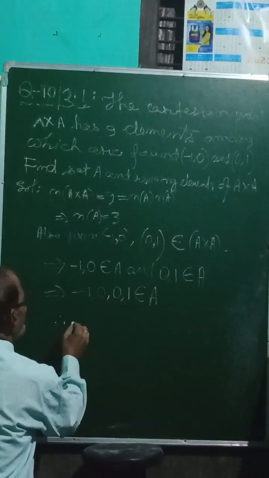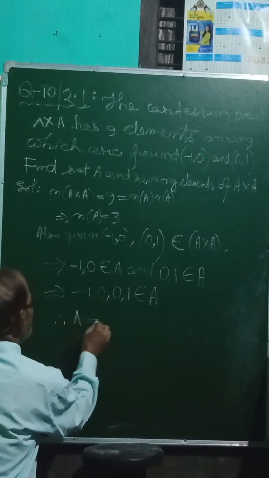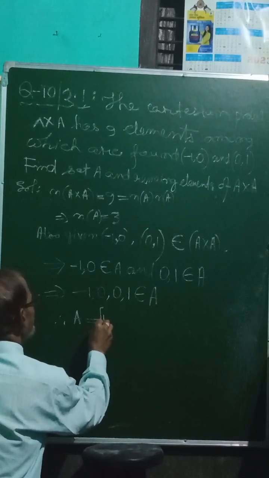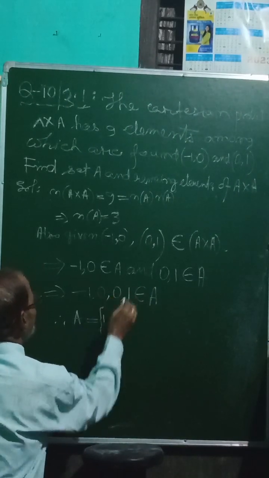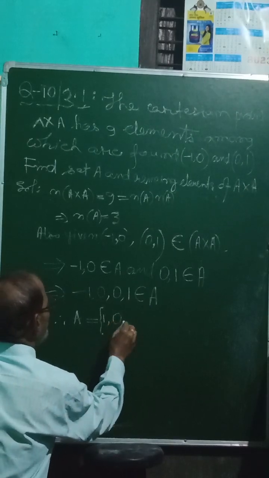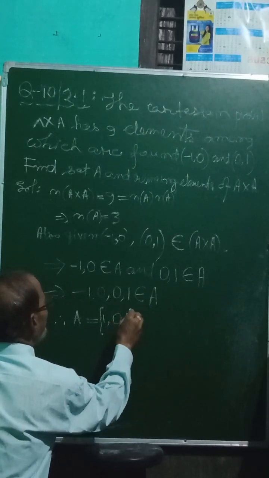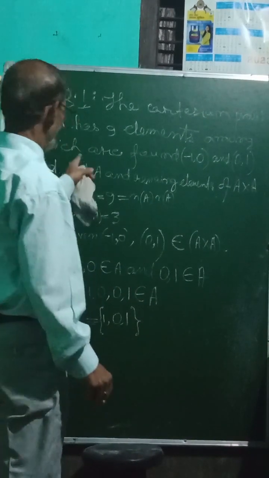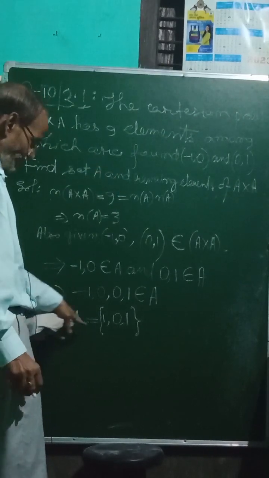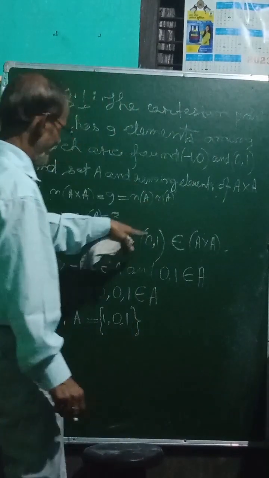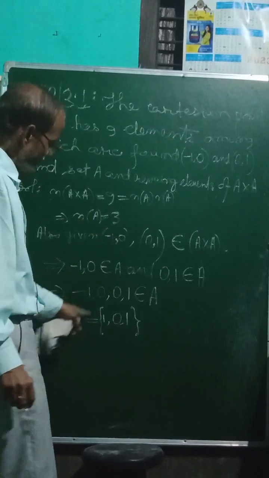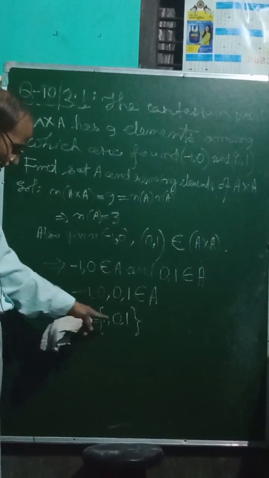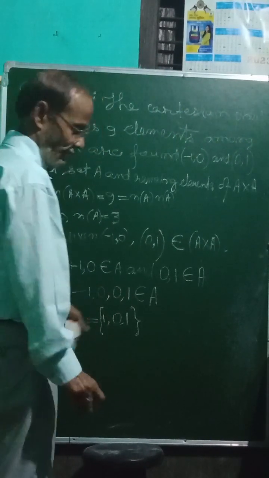Therefore A is equal to {-1, 0, 1}. Okay, so we have found the set A. Since 3 elements are there and these are the elements. Okay, 0 is repeated, so we are omitting it, taking -1, 0, 1.